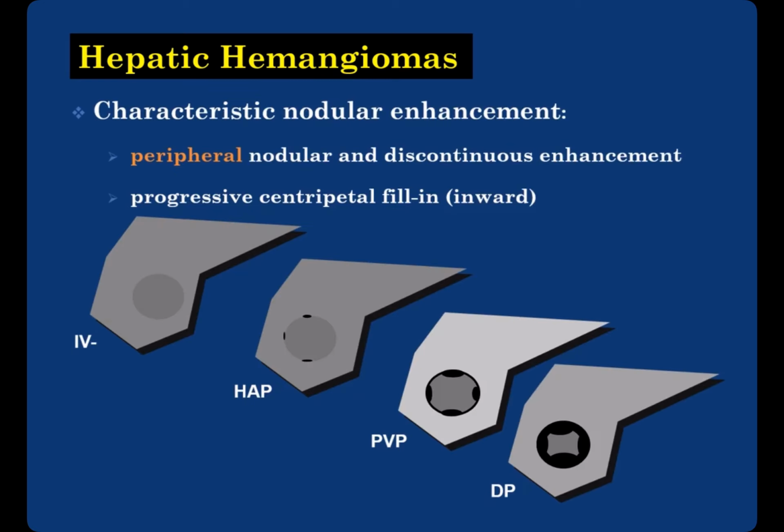Hepatic hemangiomas have a characteristic nodular enhancement pattern. We can see peripheral nodular and discontinuous enhancement in the arterial phase, and then progressive centripetal filling. It means an inward enhancement.